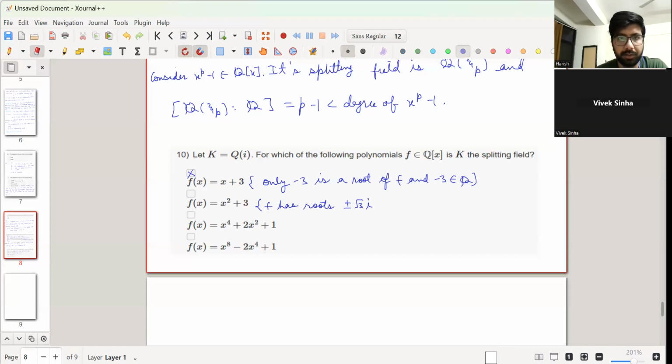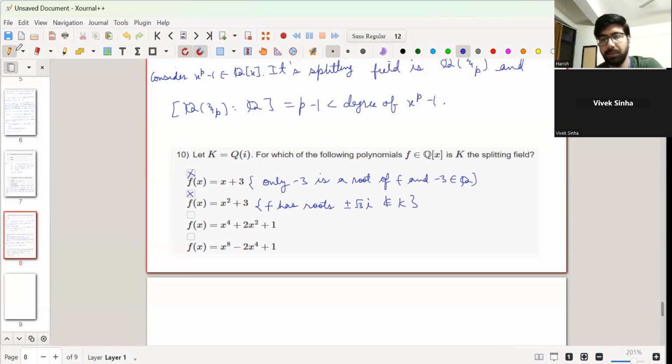And it is not inside K, it does not belong to K. So in the first case the field was smaller than K, and in the second case the roots are not inside K, so it will also not be a splitting field.